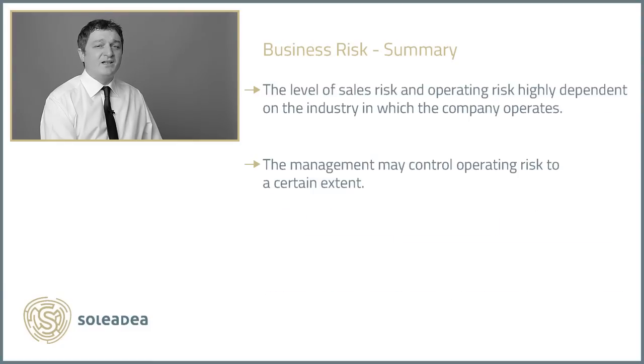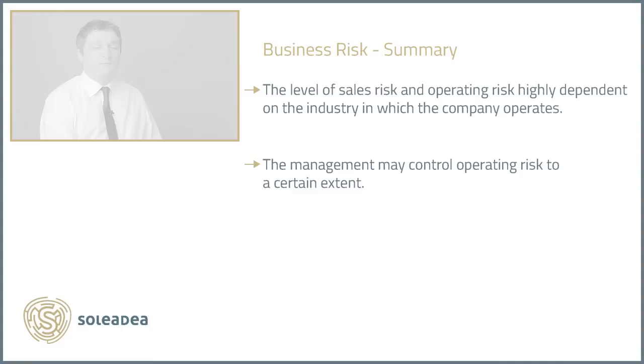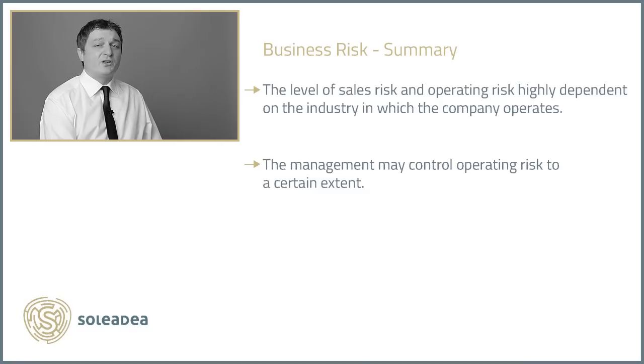Our examples illustrate that the two types of business risk, that is sales risk and operating risk, have a strong impact on a company's activity, and their level is highly dependent on the industry in which the company operates. However, when it comes to operating risk, the management may control it to a certain extent. Let's consider a case when a company wants to buy new equipment.